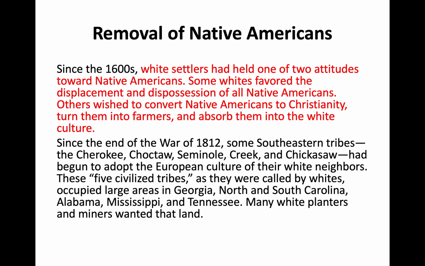These five civilized tribes, that's what they were called by the whites, occupied a large area of Georgia, North and South Carolina, Alabama, Mississippi, and Tennessee. Many white planters and miners wanted that land. They wanted them out of there.